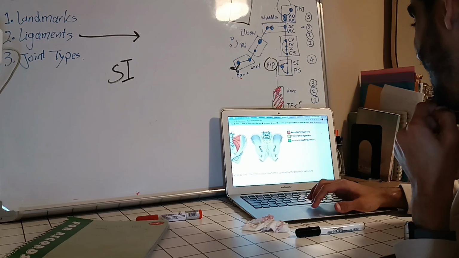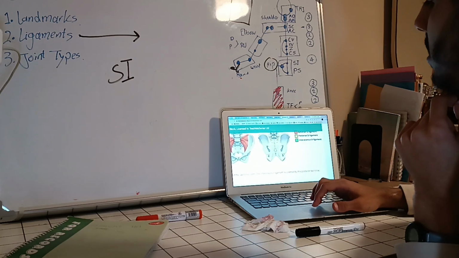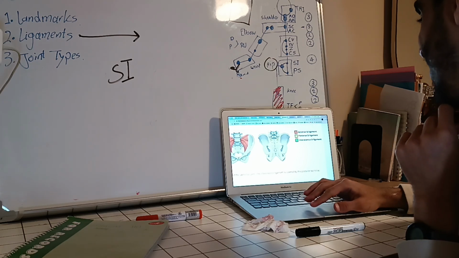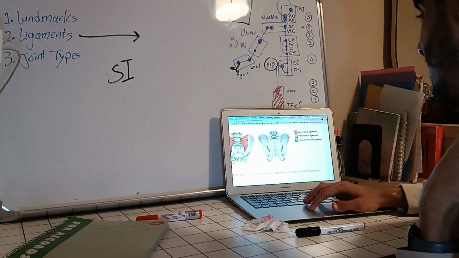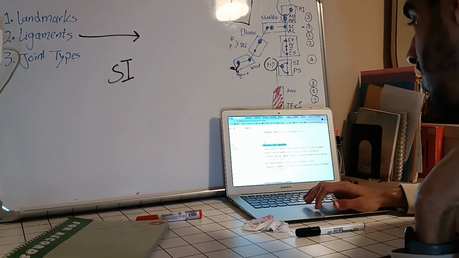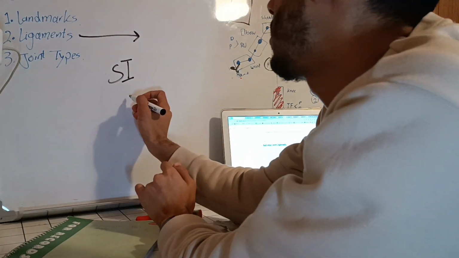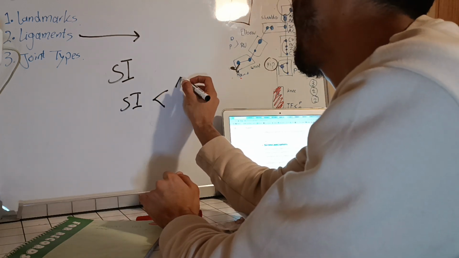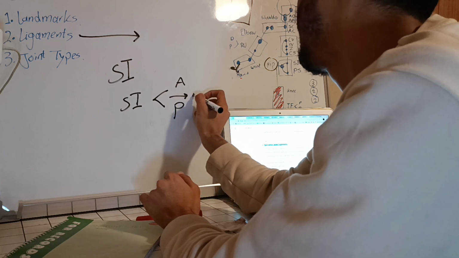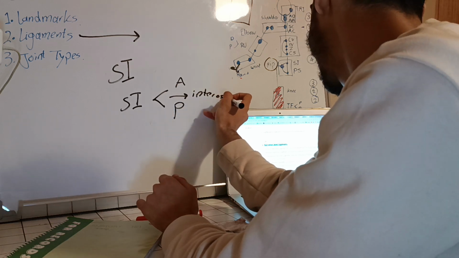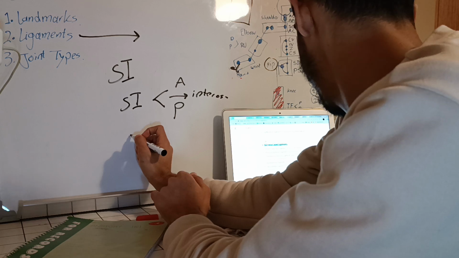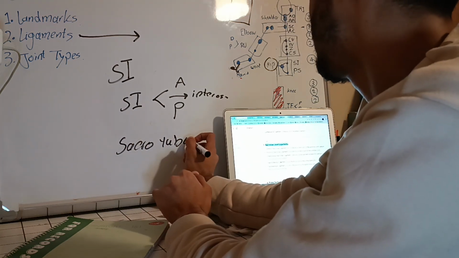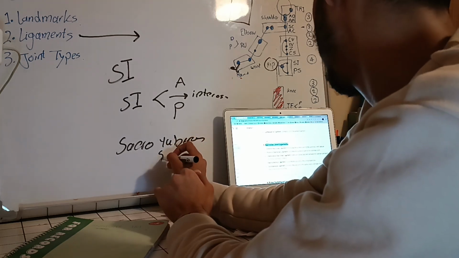We have the anterior sacroiliac ligament, the posterior sacroiliac ligament, and the interosseous sacroiliac ligament. Anterior, posterior, and interosseous. This is sacroiliac. And then we have sacrotuberous and sacrospinous.